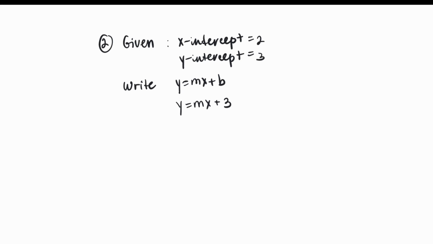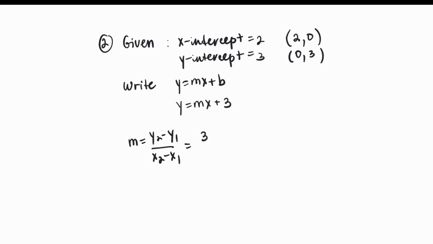Now I still have to find the m, and what we need to recognize here is that both the x-intercept that's given and the y-intercept that's given are actually points. The x-intercept is the point where x is 2 and y is 0, and the y-intercept is the point where x is 0 and y is 3. So what we can do is use our slope formula and plug those numbers into the formula. So for this specific problem, your 2 here is x1, this is y1, x2, y2, and we can find the slope.